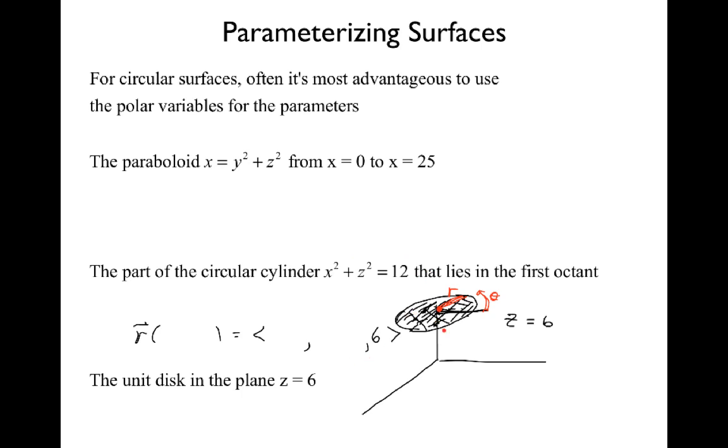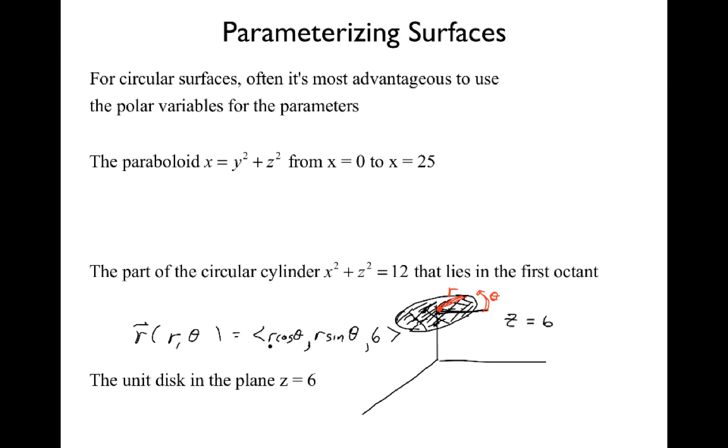So the x coordinate of those points is going to be r cosine theta, and the y coordinate is going to be r sine theta, standard formulas for x and y, but all at the height z equals 6, so we're using r and theta. And what we need is just the unit disk.